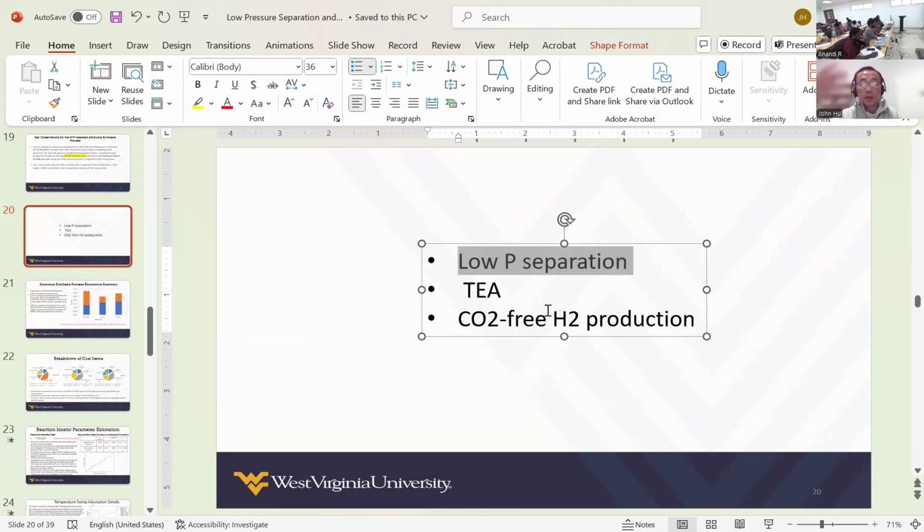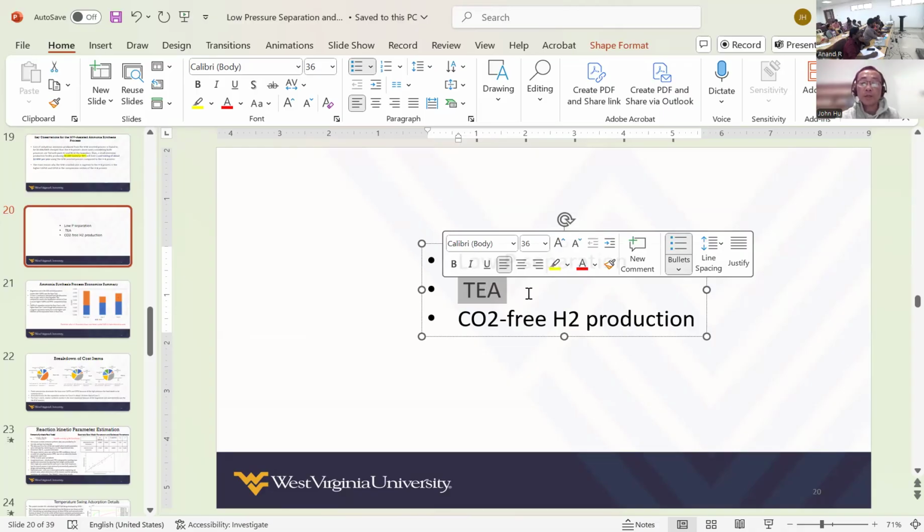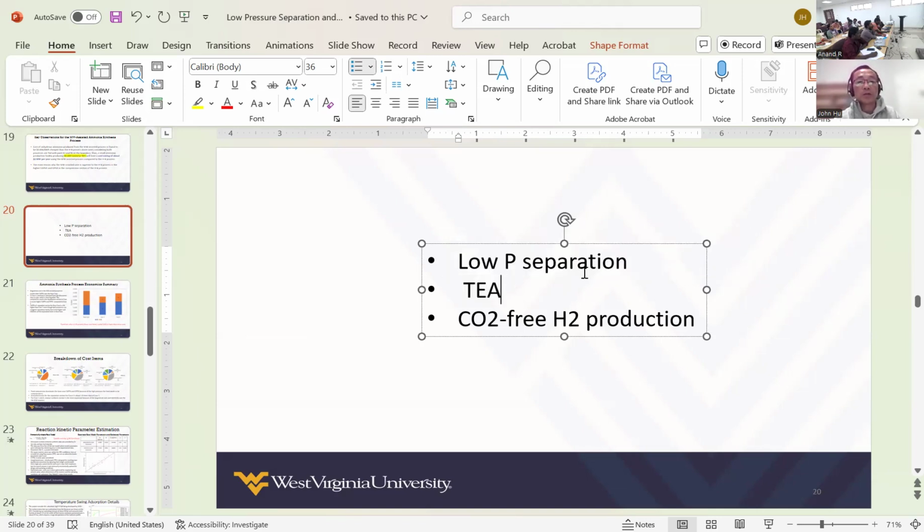That's how you come up with the TEA analysis, and you can tell that with microwave ammonia synthesis and also low pressure separation, we can outperform Haber-Bosch. Which means the technology will achieve better economics than Haber-Bosch. That's what you want. Otherwise, if you don't produce ammonia comparable with Haber-Bosch, nobody cares about your technology. So you have to be really careful.